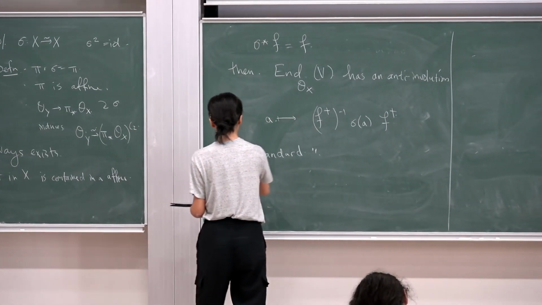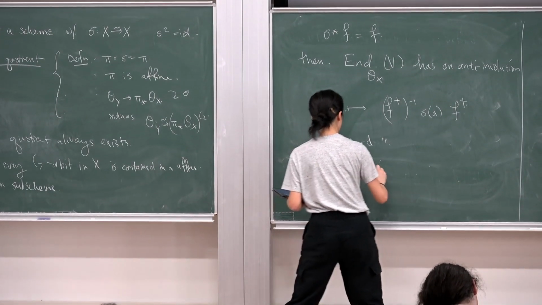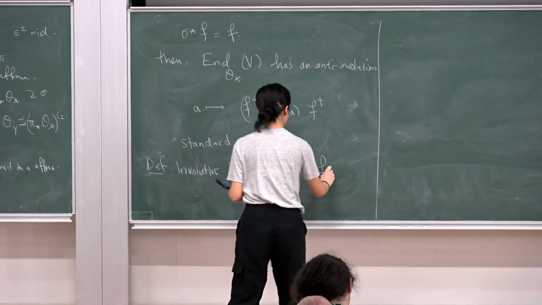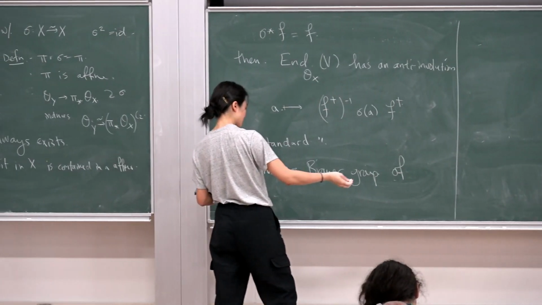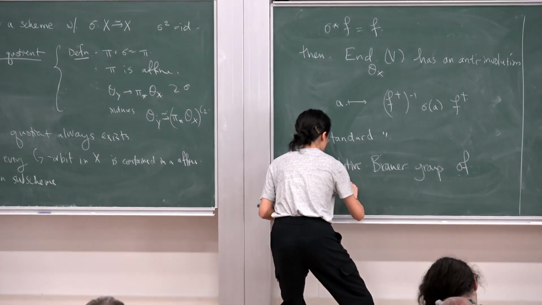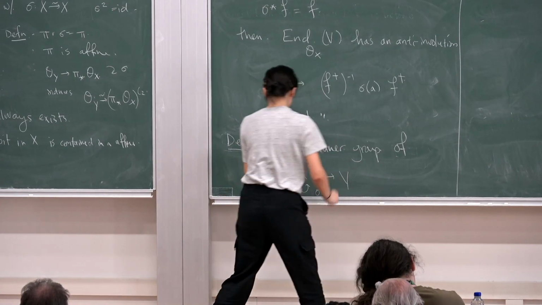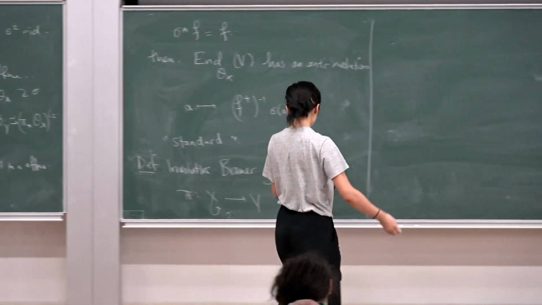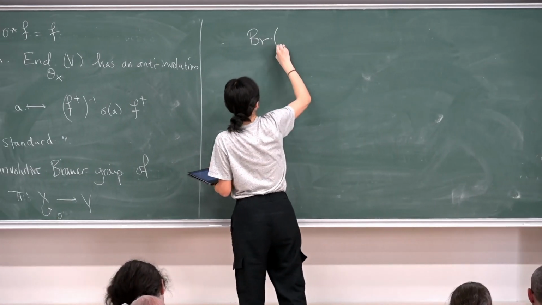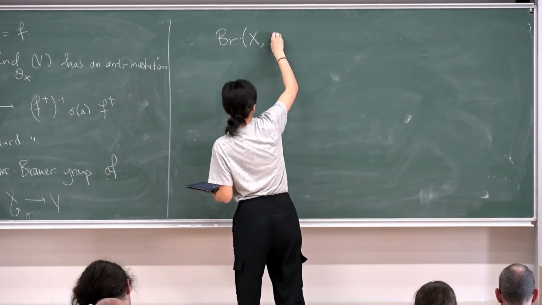Okay. All right, and I'm going to define the involutive Brauer group of this collection of data, X with this quotient, to be Brauer of X, or I'm going to suppress Y from notation.